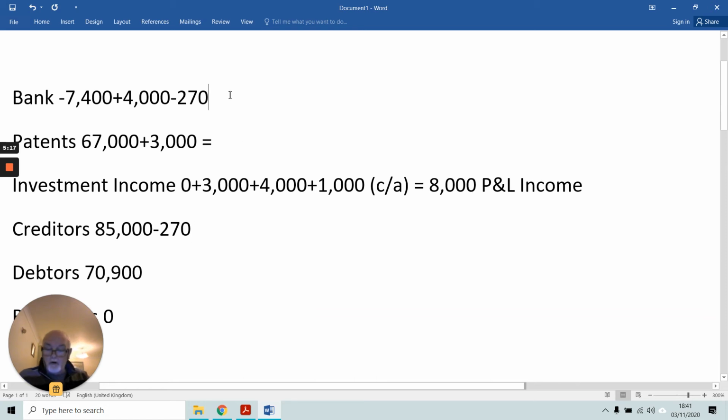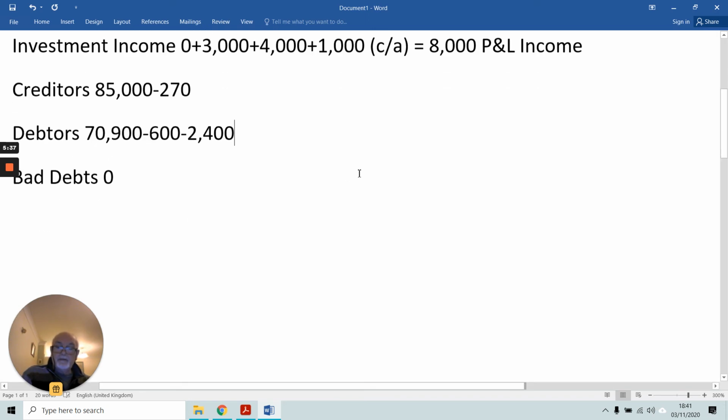Well, let's record first receiving the €600, €600 going into our bank, plus 600. Let's show the debtors paying us that 600, minus 600. And now write off the remaining 2,400 as a bad debt.